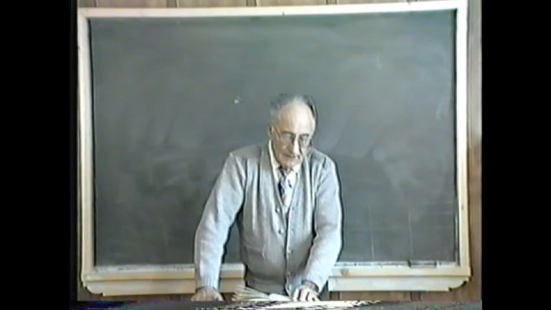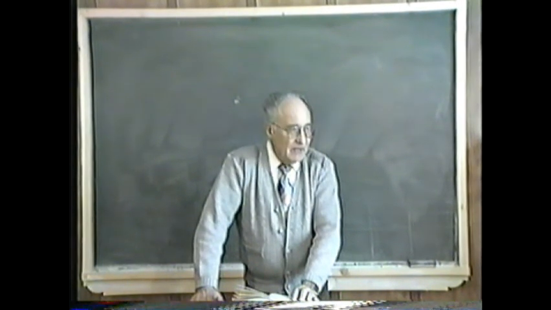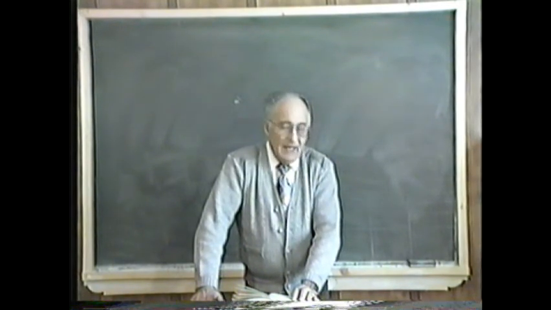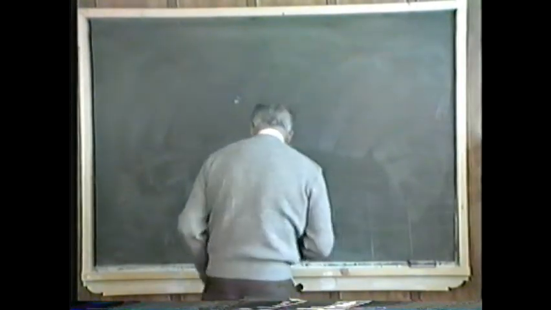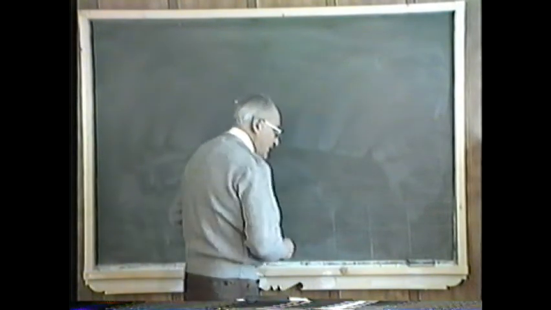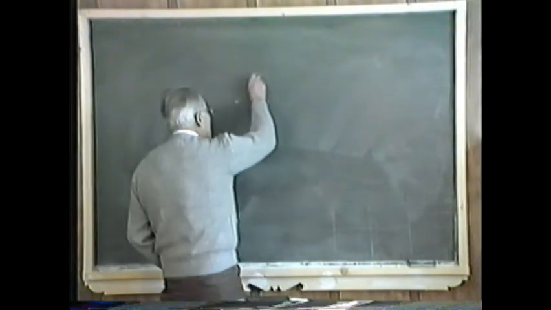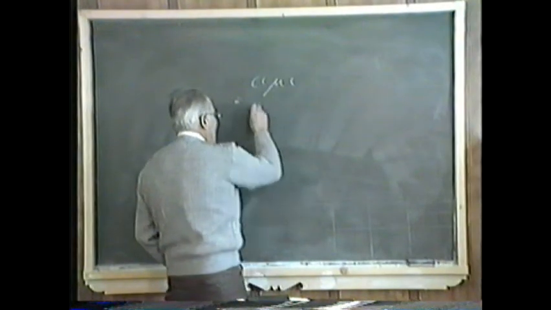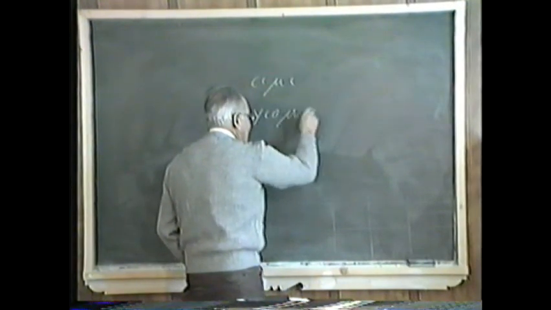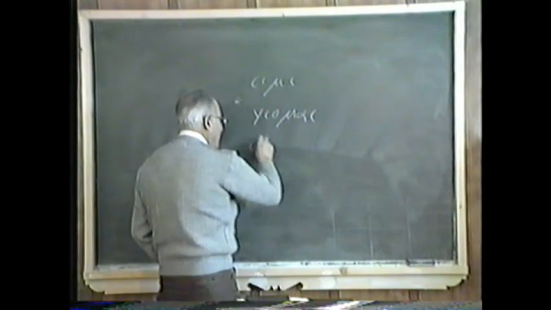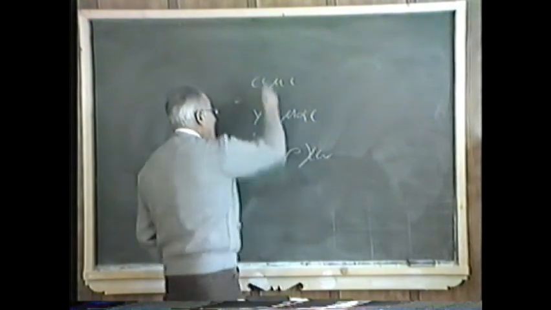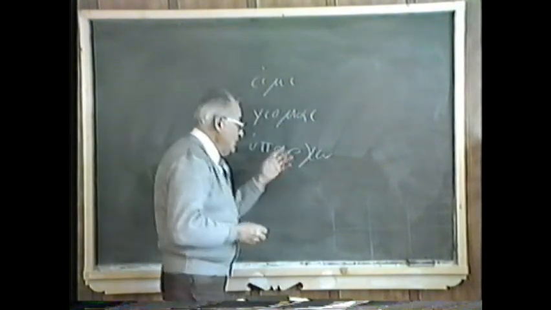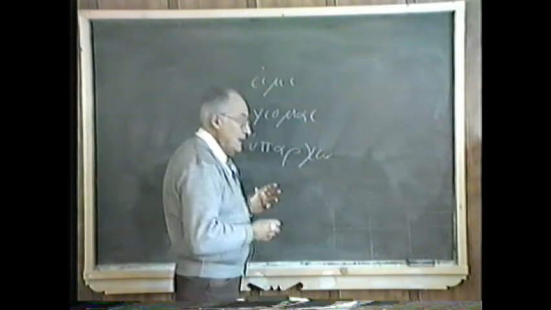And there are three very, very interesting words in the Greek New Testament which have a close kinship. Now, I think I'll just simply put them on the board for you. You have eimi, you have ginomai, and then you have huparcho. Now, all of these words can be copulatives.